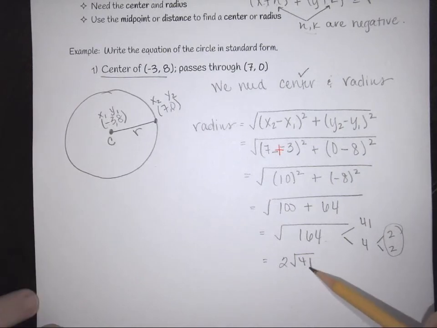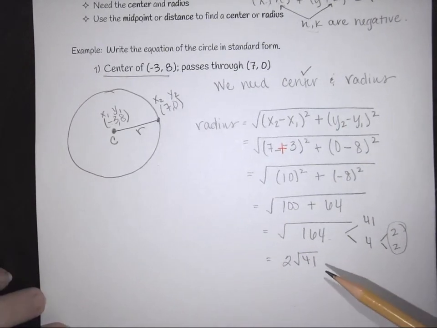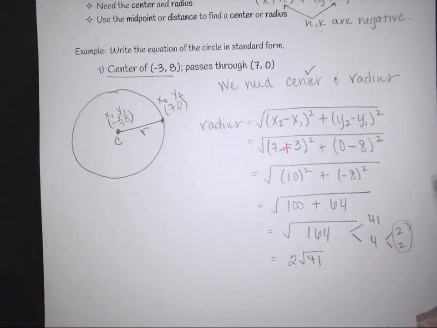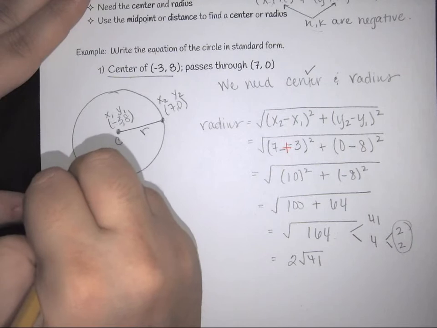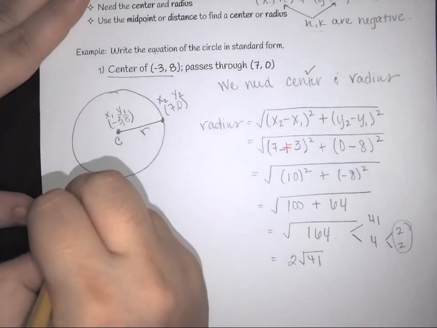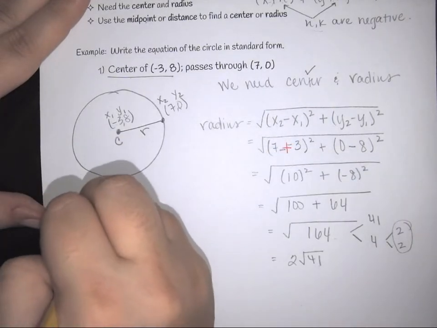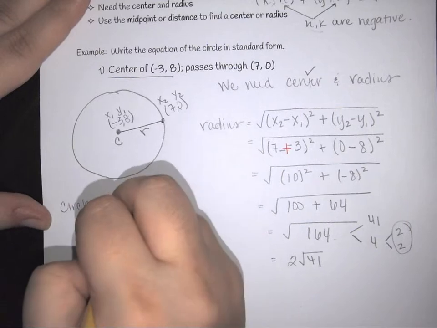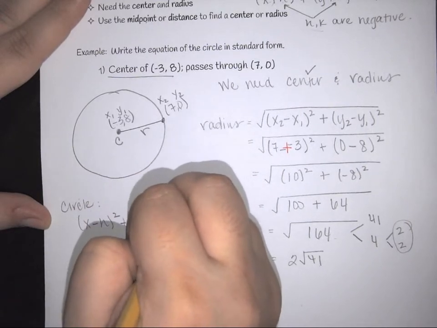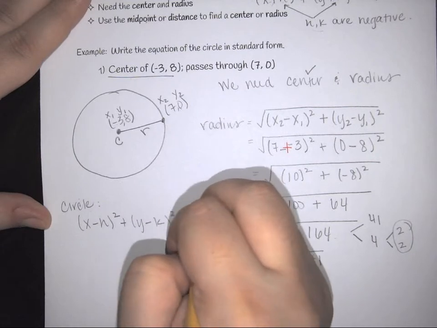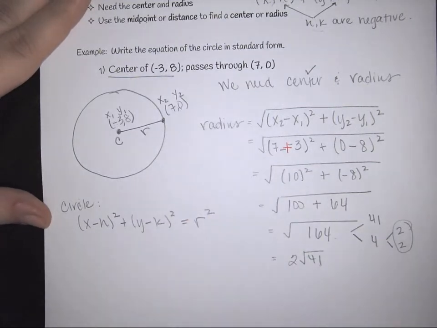Now, that's not everything that we were trying to do, because what we actually need to do is find the equation of the circle. So your circle is found by (x minus h) squared plus (y minus k) squared equals your radius squared.